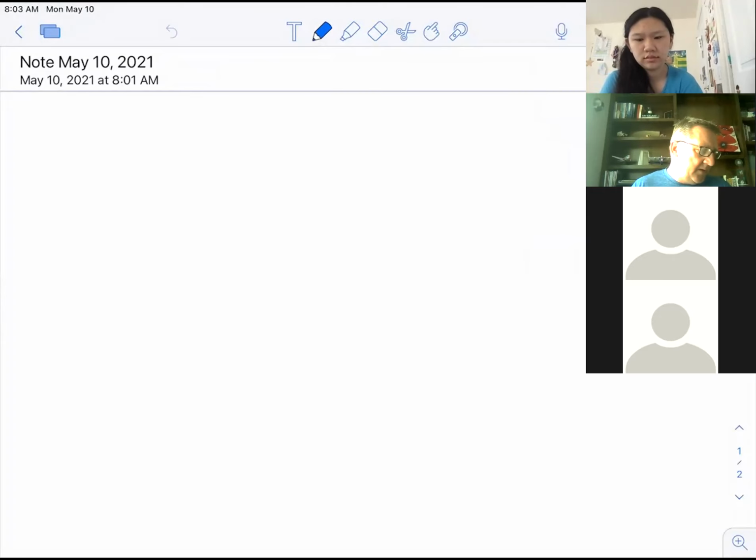Let me see, I'm not really exactly looking at the key here, but I think question 5 was asking you to find the expansion, the Taylor approximation for the function f of x equals x natural log of x.